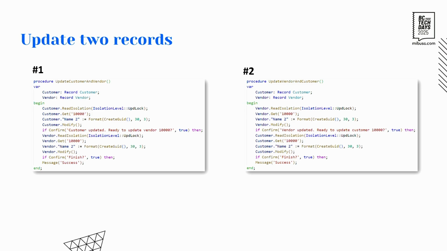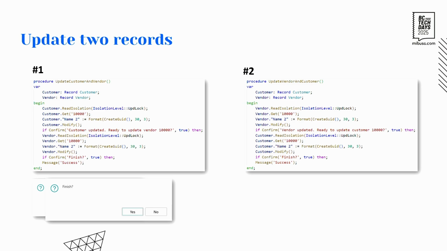So up here we update customer 1, the customer, and then we wait, and then up here we update the vendor and then wait, and then do the opposite. So we get there, and then we make sure that the other one gets there.